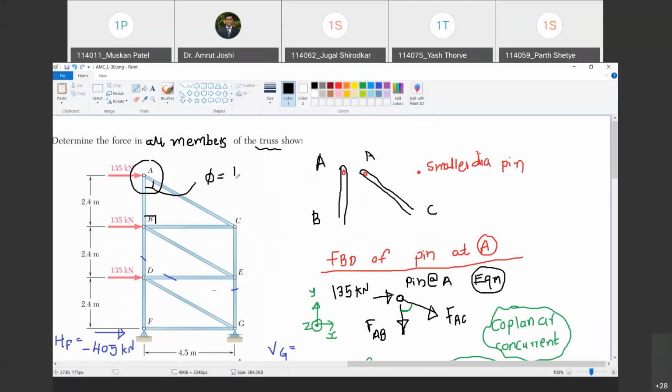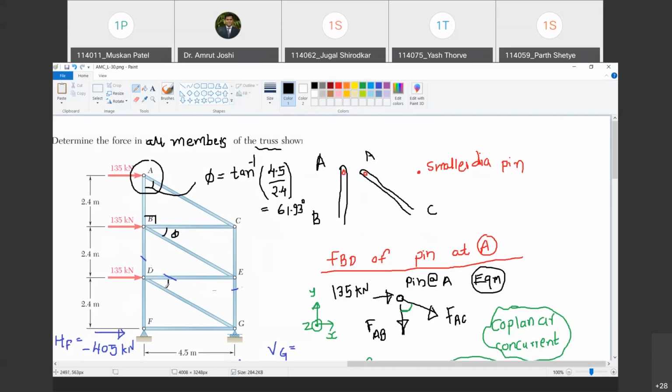So what can you say about phi? Phi will be tan inverse of 4.5, opposite side upon adjacent side, so 4.5 divided by 2.4. Do you agree with me? Yes, sir. So can you tell me what is the value of phi? 61.93. 61.93 degree. And this is also phi.